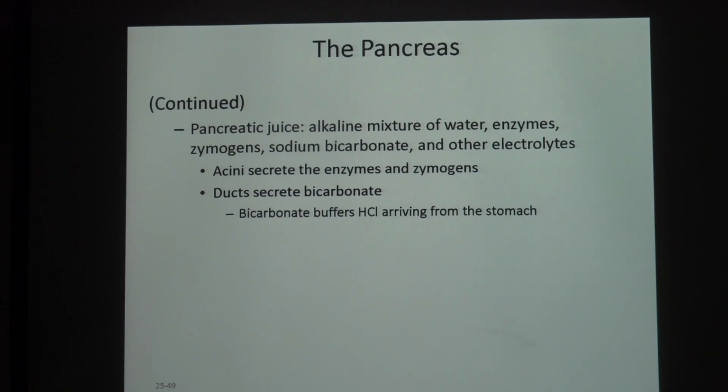The breakdown of that food becomes a mushy, acidic ball called chyme. And chyme, as that peristaltic wave occurs about every 30 minutes, will be pushed out of the stomach through the pyloric sphincter and into the duodenum.